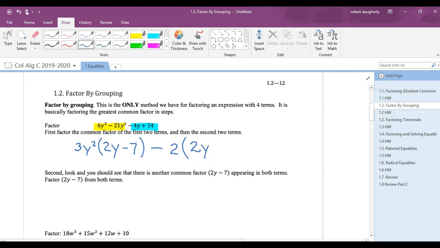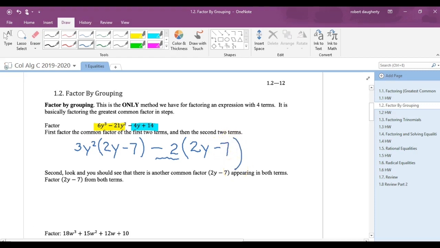And then here's where we get a little bit tricky. I've got this minus sign. So it was minus 2 times 2 gives me minus 4. Now, what do I have to multiply minus 2 by to get a positive 14? Negative 7. Here I am thinking you guys are going to miss that, and you're right on top of it.